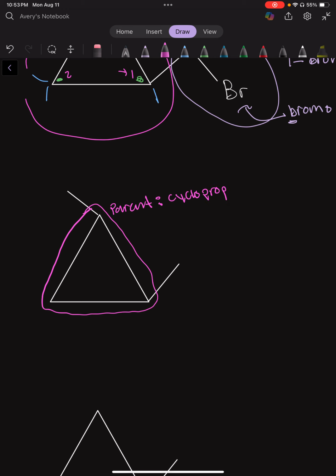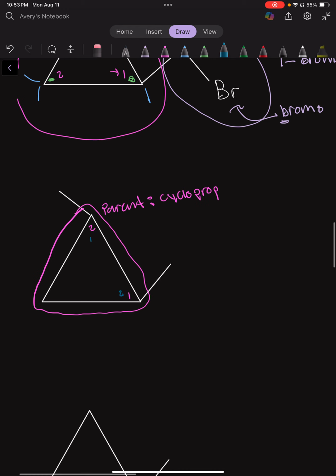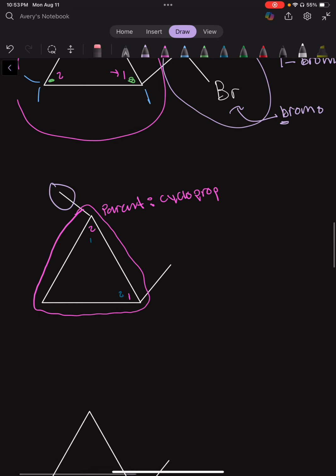And now we have two different branches. We have 1, 2, and 1, 2. So the only way, let me circle our branches. Branch here, and then I'm going to throw our bromine right here. We have another branch here.